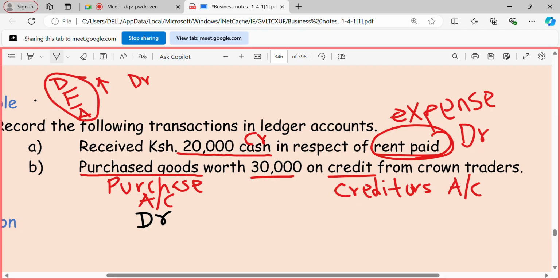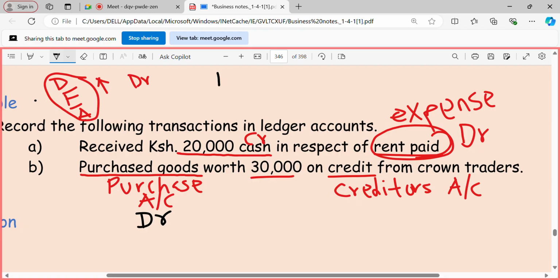But buying things has an effect of increasing your assets. And according to our summarized rule of ledger, we have said that when assets increase, the debit is for assets, and goods are assets. So when you buy something, it means that it is increasing your assets.